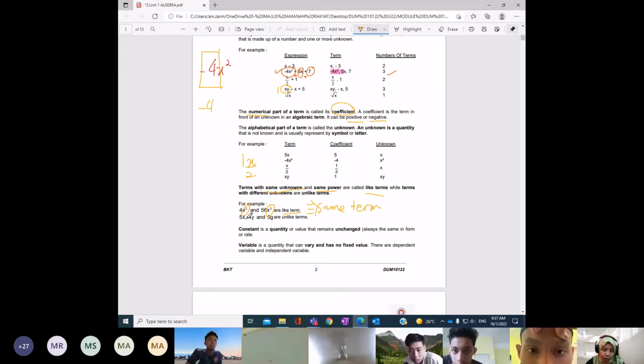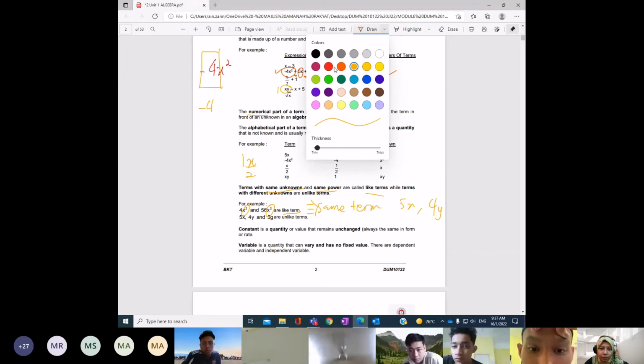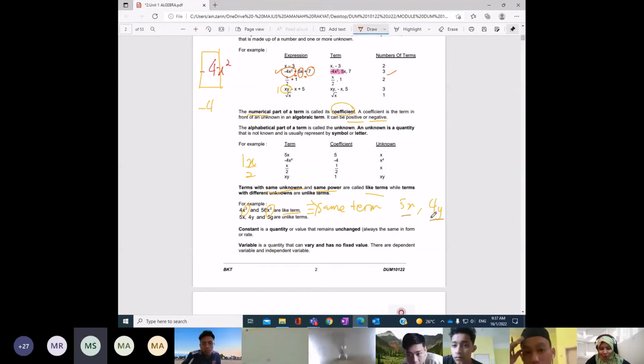Okay, so kalau you tengok F pula 5x dengan 4y, are they like terms? Why they are not like terms? Boleh respon? Don't have power. Satu bukan cerita don't have power. Sebenarnya power dia adalah satu kat sini.